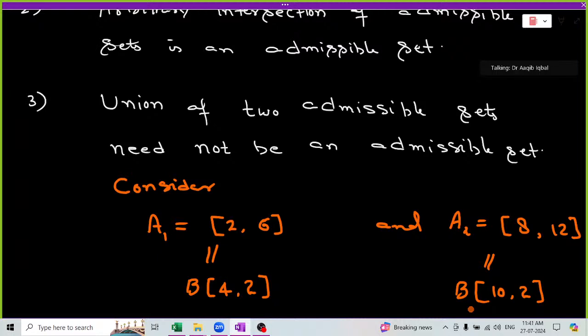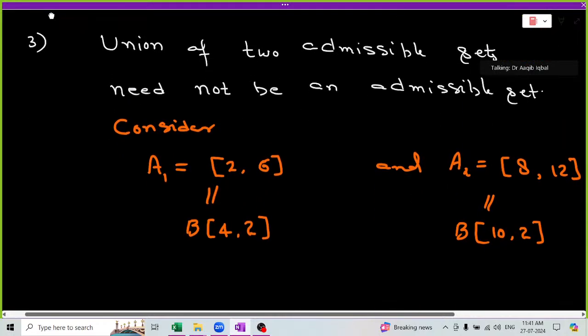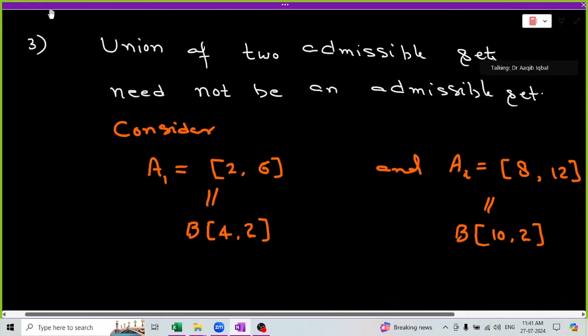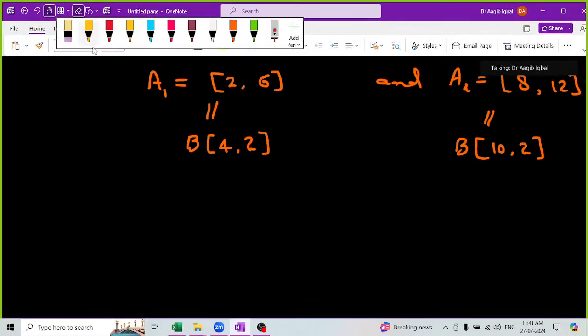So ये किया जा सकता है. अभी हमने देखा every closed ball is admissible, so A1 A2 are admissible because you can see these A1 A2 as closed balls in R with usual metric, so they are admissible in the real line. ठीक. What about their union?